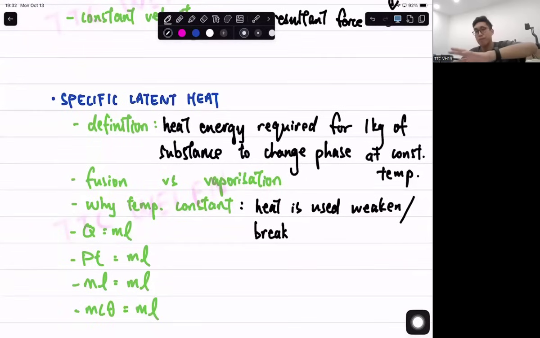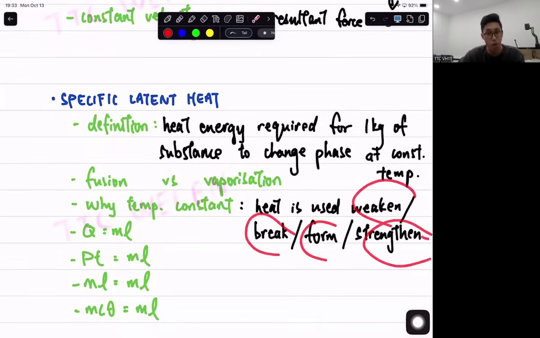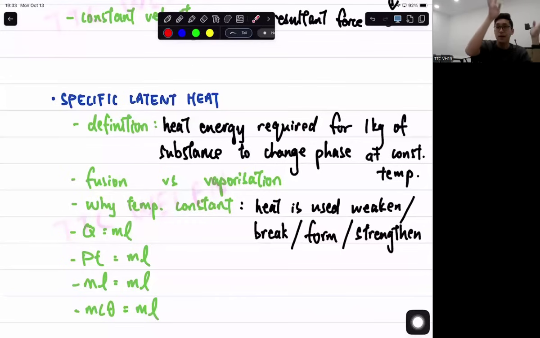If you go from gas to liquid, you have to form back the bonds. Correct or not? Gas to liquid, you release heat, you form back the bonds. From liquid to solid, you strengthen the bonds. It's the opposite. Weaken then strengthen, break then form. Depends on, are you going from melting, or condensation? Depends on what you're doing.